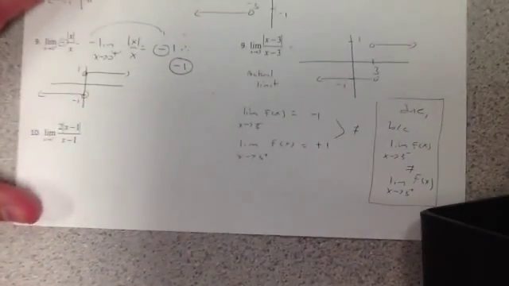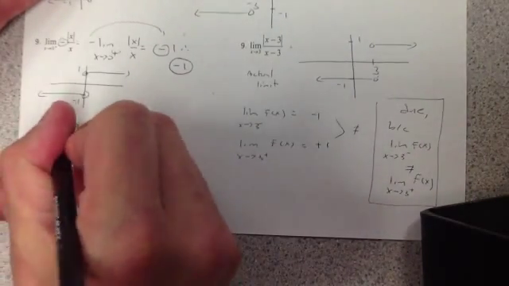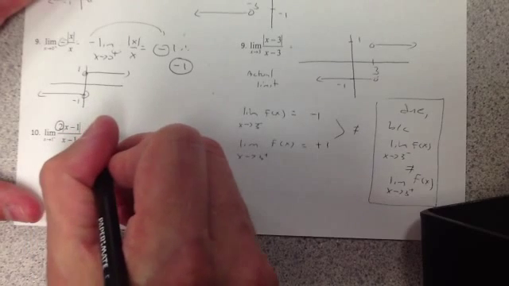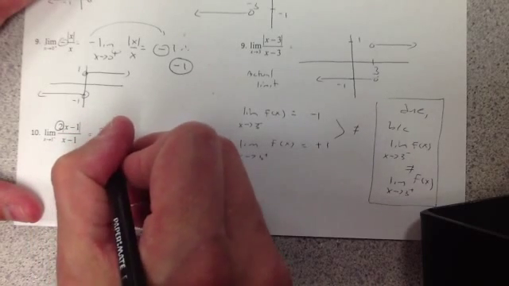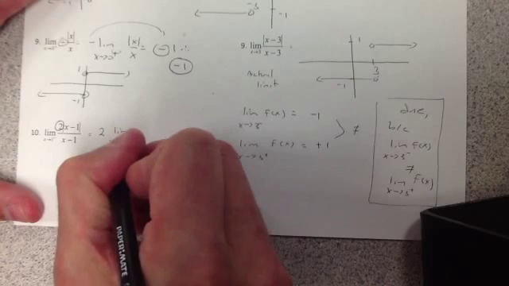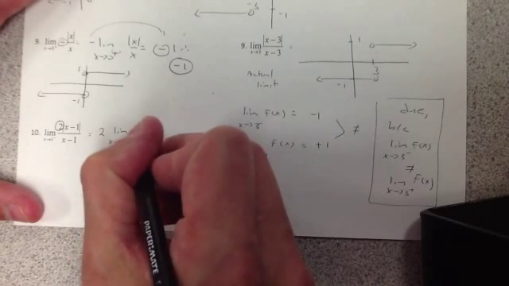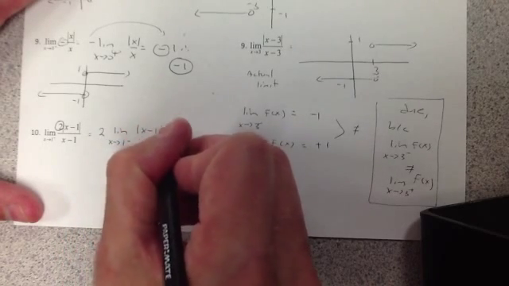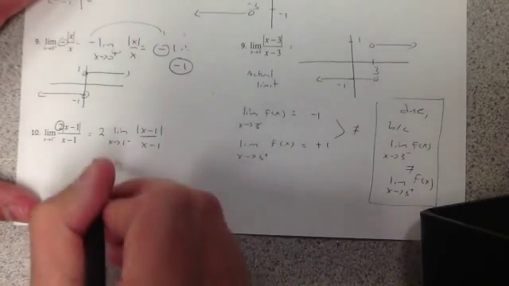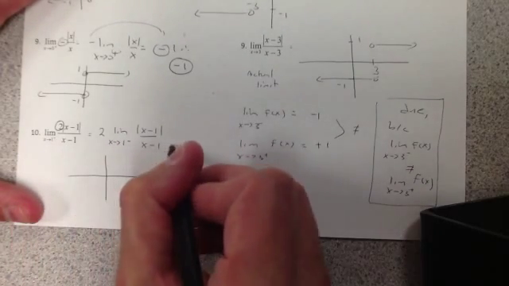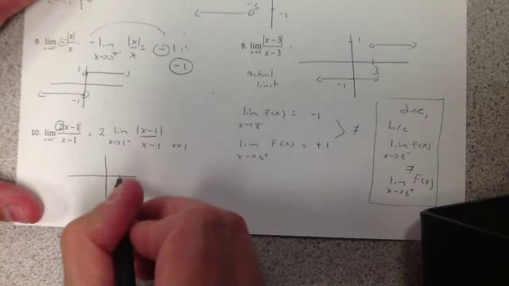Let's try number 10. Now number 10 is similar to number 9. We got that 2. We can factor it out. We're going to get 2 times the limit as x approaches 1 from the left of absolute value of x minus 1 over x minus 1. So I graph it. My little gap here, x can't be 1, so here's at 1.